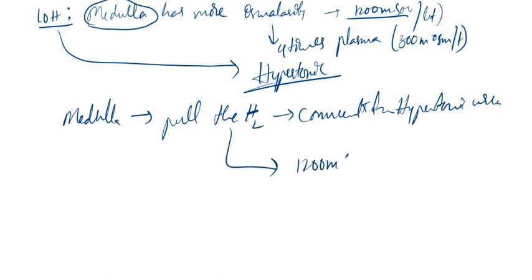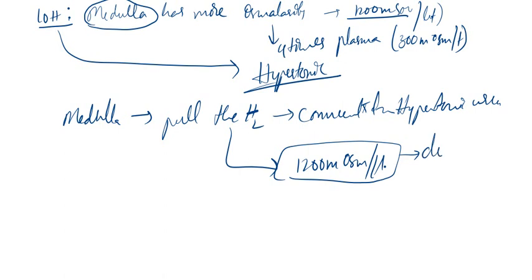In which part will the 1200 milliosmoles osmolarity be present? It is present in the descending part of the loop of Henle.